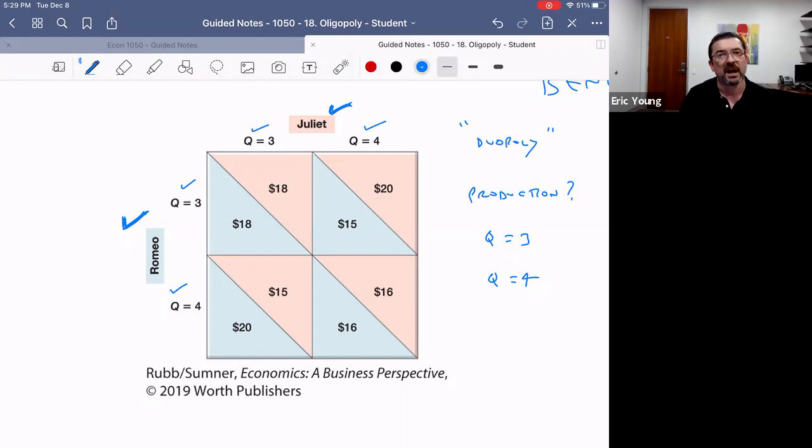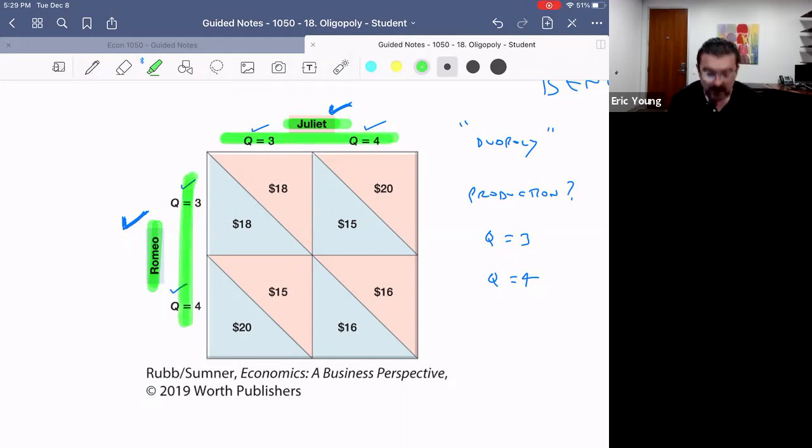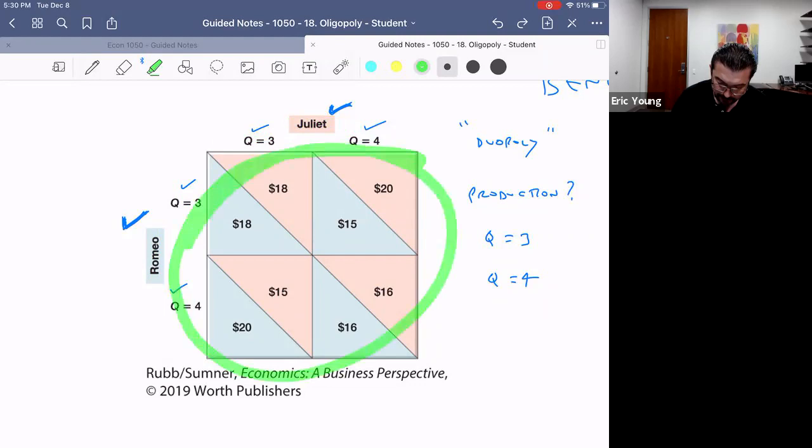So we start off a payoff matrix by identifying the different players. Got that? By identifying their different options. Got that? What's left over, my friends, are these 4 squares right here.